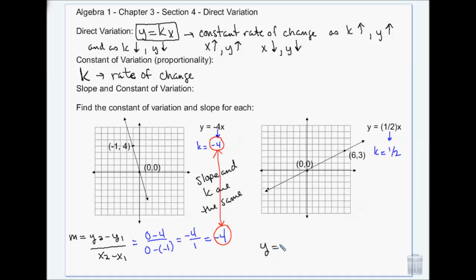So y equals kx is the exact same thing as y equals mx. So if I know k is 1/2, what do I know about m? Because k and m are equal.